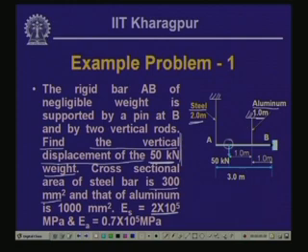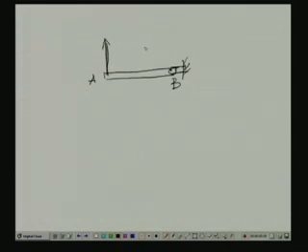If we take the free body of the whole system, this is the rigid bar AB, connected by a pin at end B. We have one vertical rod connected at this end, and another vertical rod connected at this end.